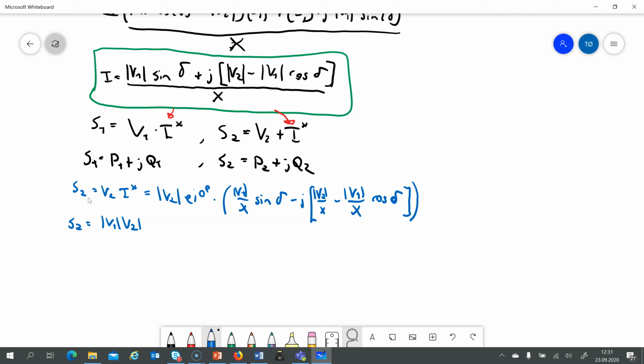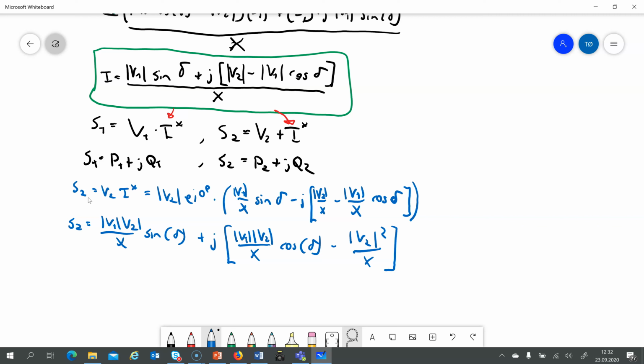V1 V2 over X sine delta plus j (V1 V2 over X cos delta minus V2 squared over X), like this.